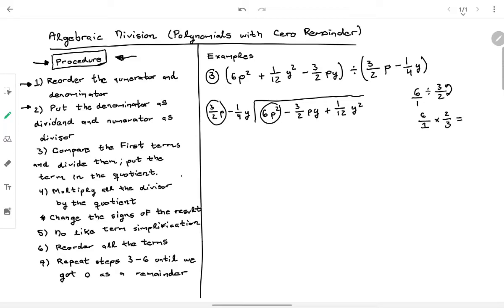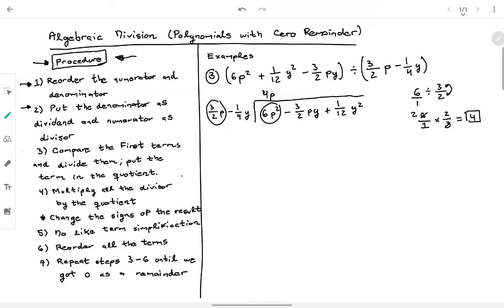So in this case, 6 and 3, we can simplify it only by 2. So we will get 4. If we multiply it by 4, we will get 6p squared. So we will need only a number 4 here and letter p, because p and p will get p squared.